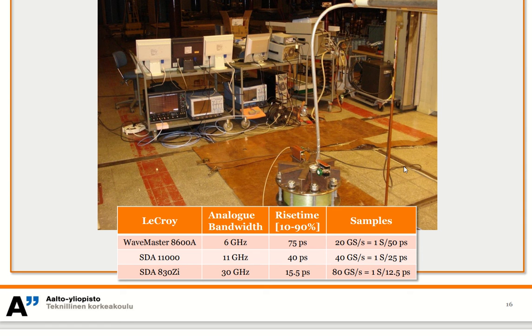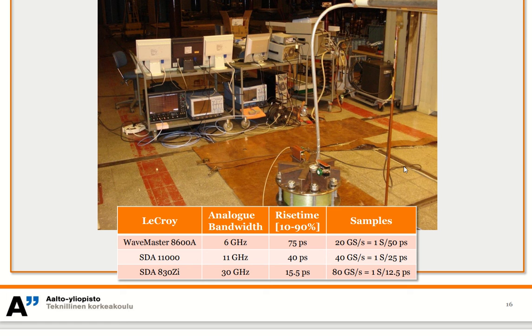Okay, so for example here the WaveMaster 8600, the sampling rate is 20 giga samples per second. It means one sample is about 50 picosecond, so from one sample to another sample is 50 picosecond.